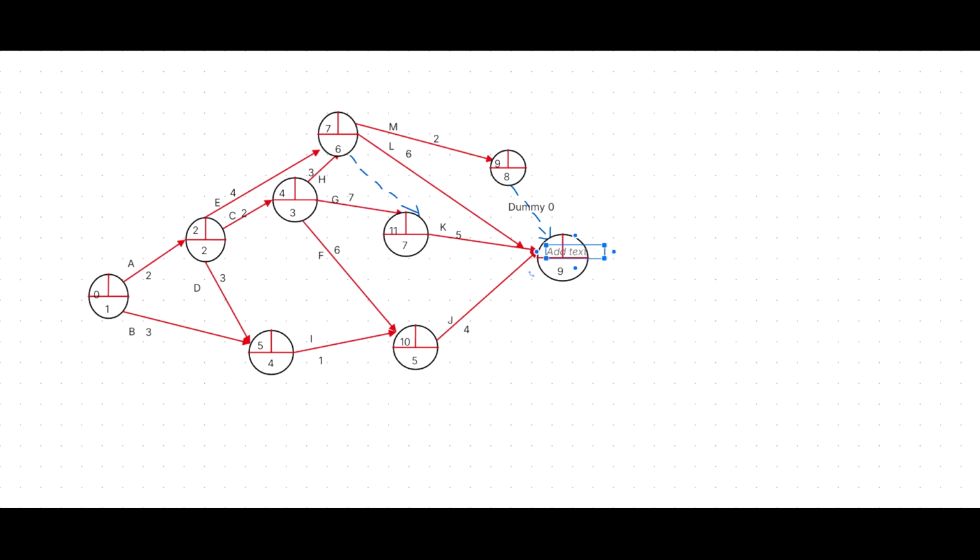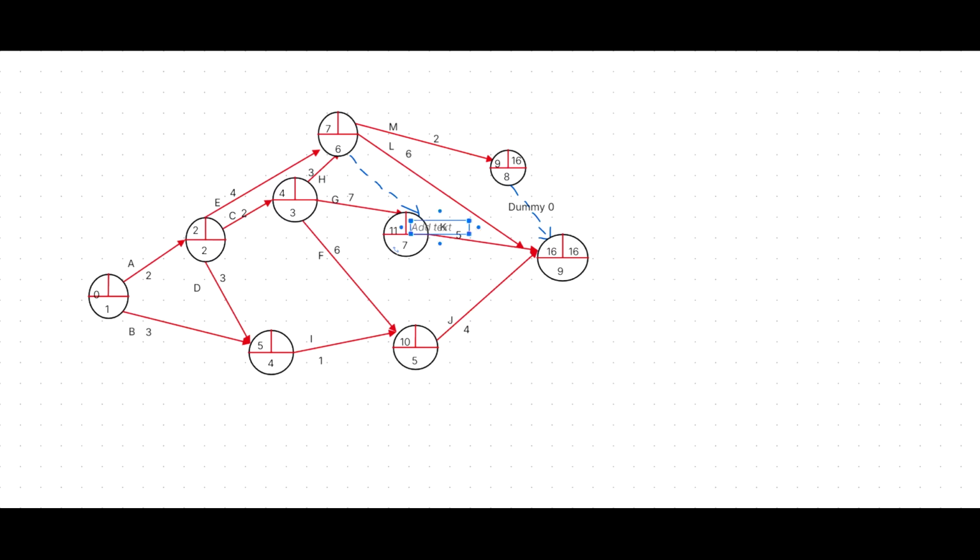Then subtract via the dummy backward. Should be 16. 16 minus 2, 14. 16 minus 6, 10. 16 minus 5, 11.